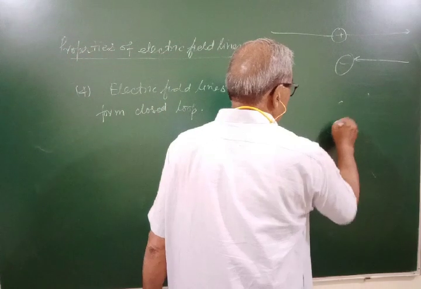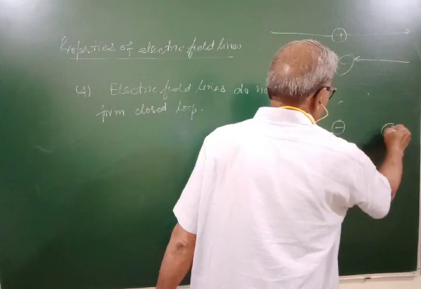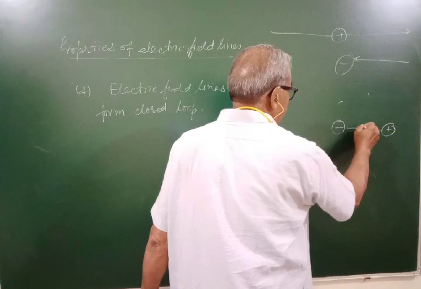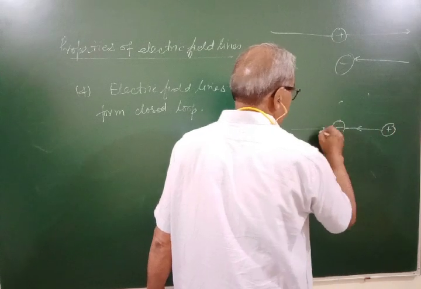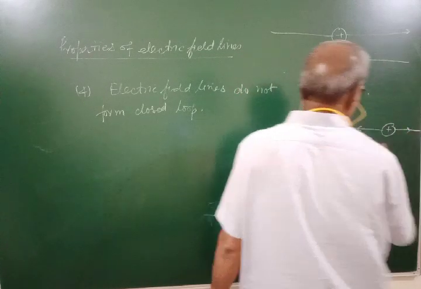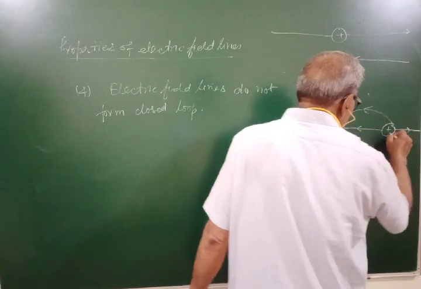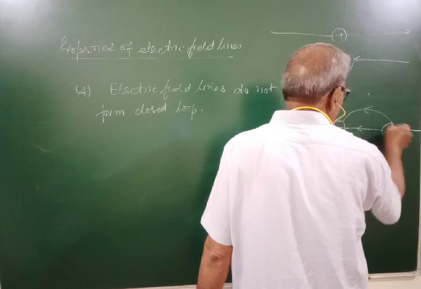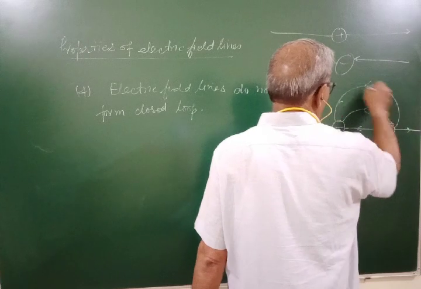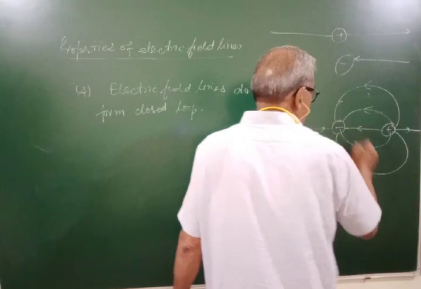If you see the field due to a dipole, the lines terminate here, come here, go away, but never go like this and go this way. So electric field lines do not make a closed loop.